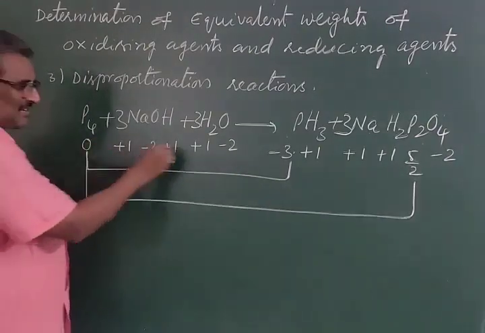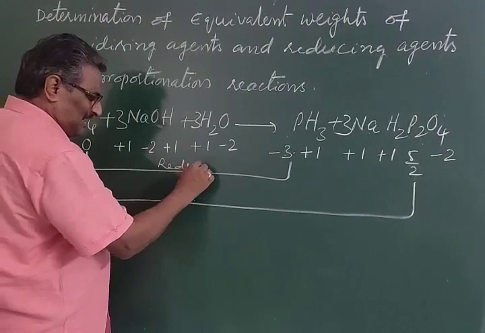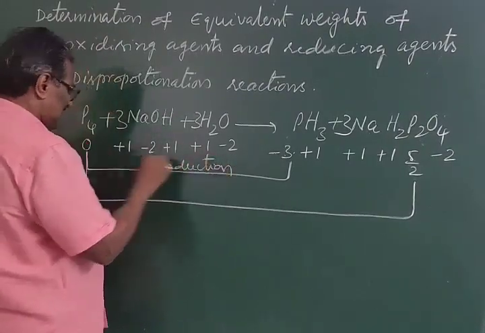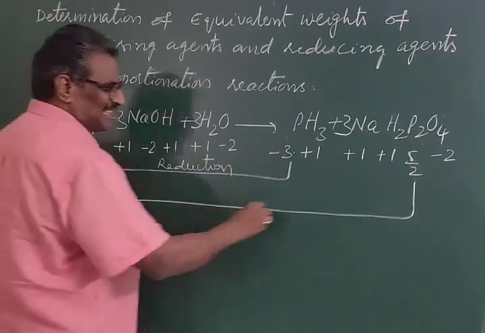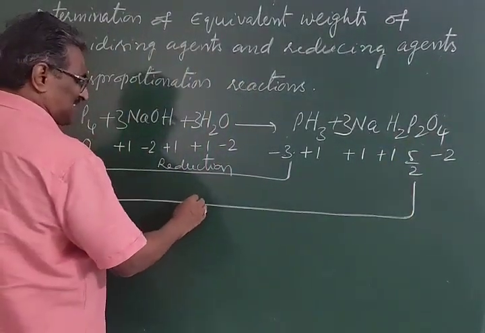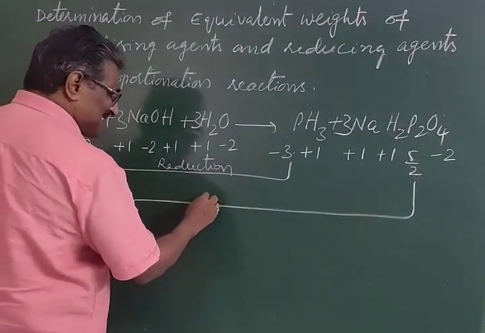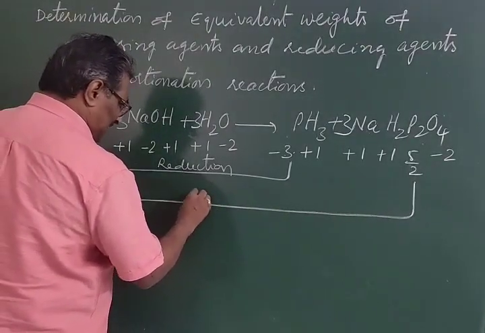Here oxidation state of phosphorus is decreased. Decrease in oxidation state is called reduction. Oxidation state of phosphorus is increased from 0 to 5 by 2. That is, oxidation state of phosphorus is increased. That is oxidation.